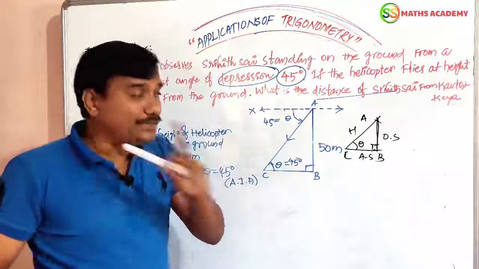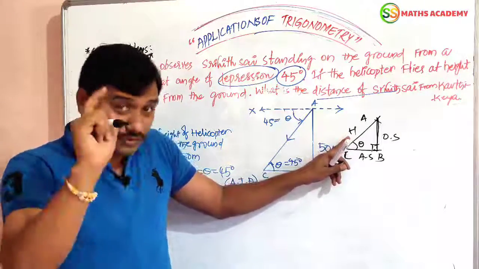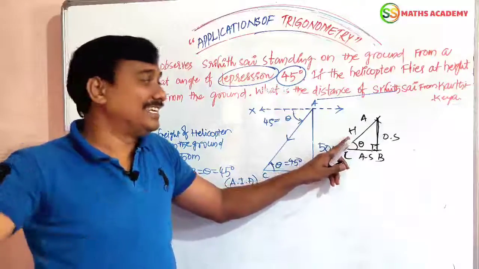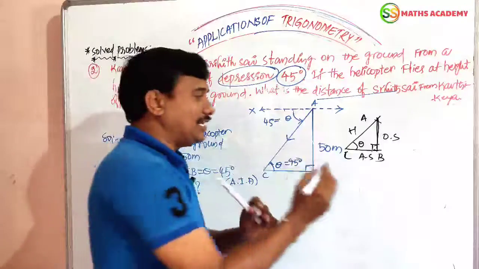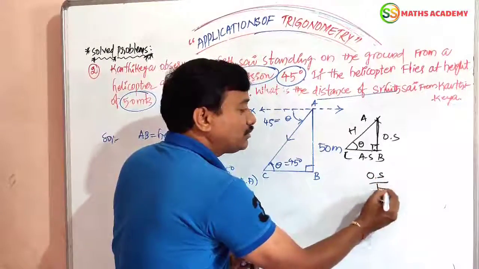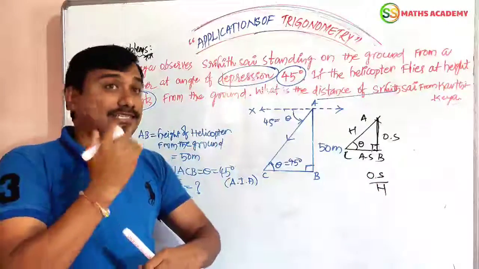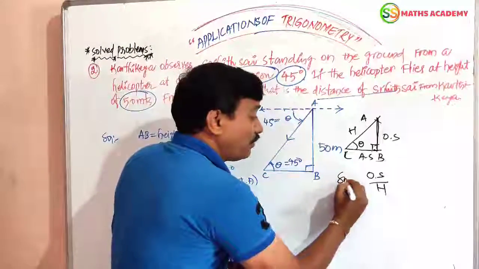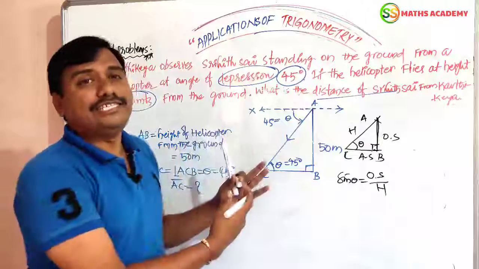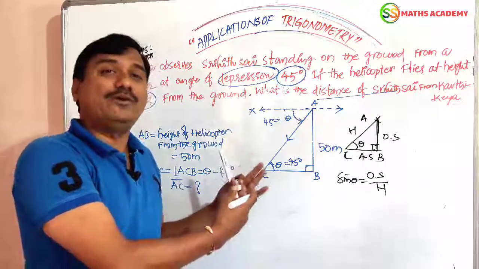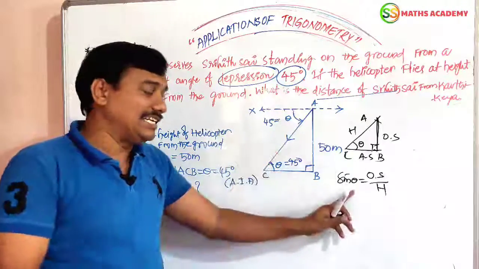AC is asked, and AC means the hypotenuse. What is given? The opposite side is given. That ratio should be opposite by hypotenuse or hypotenuse by opposite. Yes sir, sin theta. From the SOH CAH TOA, I know sin theta. The trigonometric ratio we have to use to find this is sin theta only.